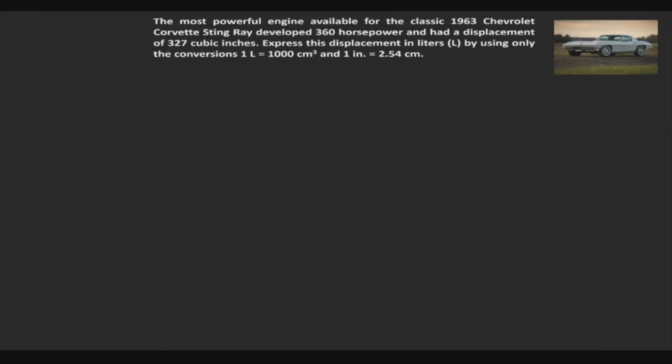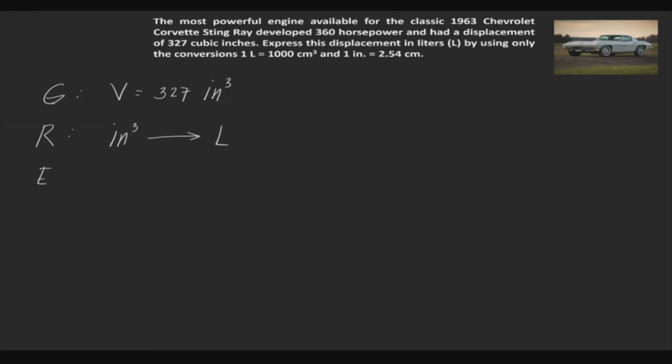Express this displacement in liters by using only the conversions: 1 liter is equal to 1000 cubic centimeters and 1 inch is equal to 2.54 centimeters. Our given is the volume or the displacement of 327 cubic inches, and we are required to convert cubic inches to liters.